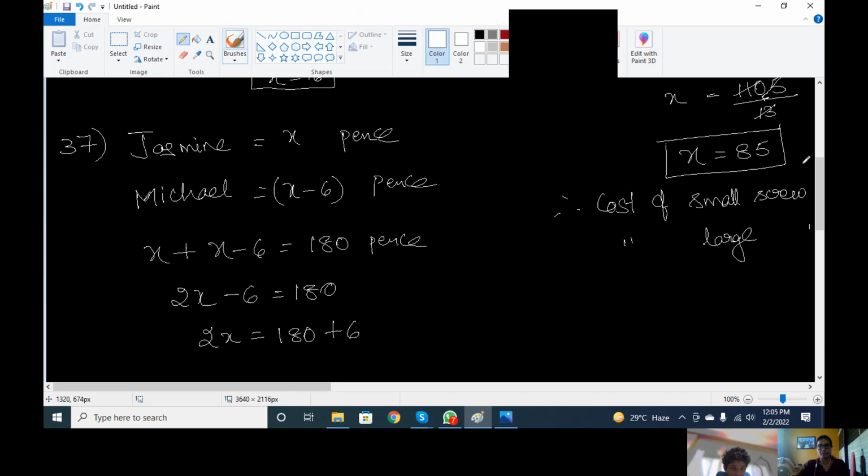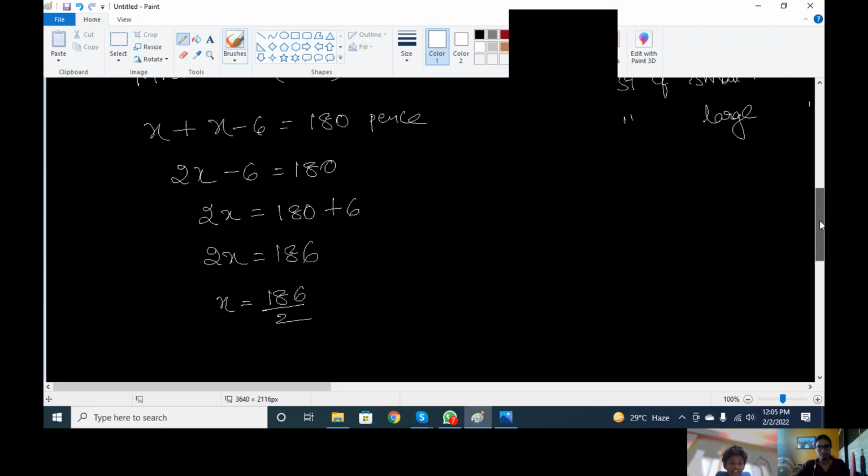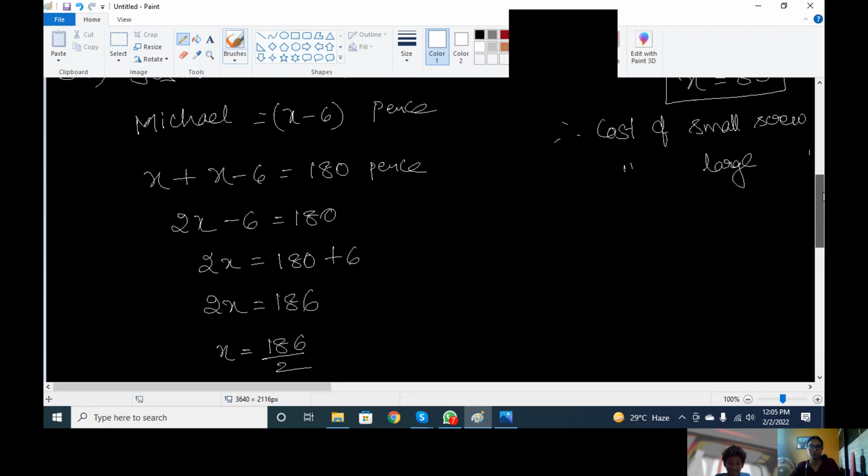Okay, 2x is equal to 186. It's multiplication, so it will be division, so x is equal to 186 over 2. Then x is equal to 93. Very good. Smart calculation, Manu.